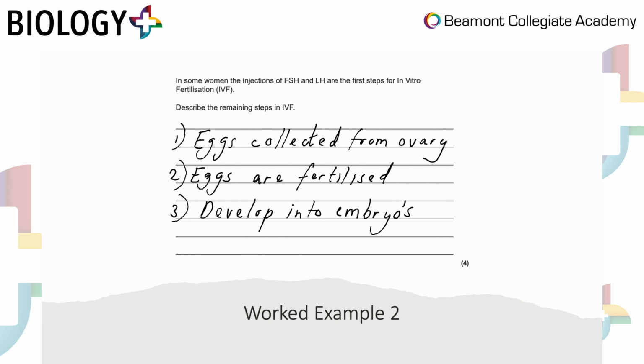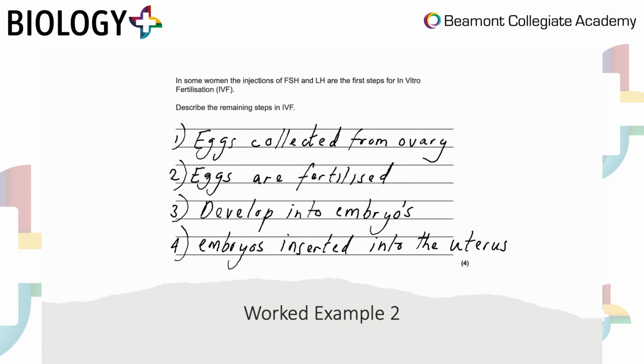These embryos then need to be put back into the female, and we need to be a bit more specific than that. So embryos inserted into the uterus where they can then develop.